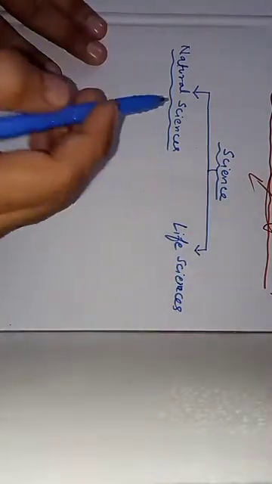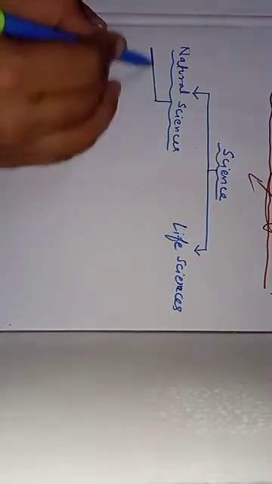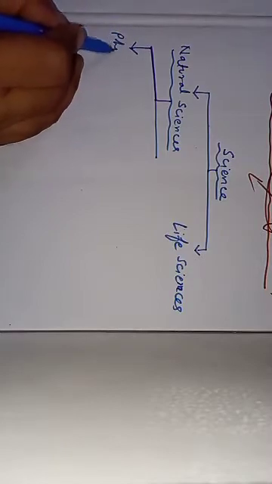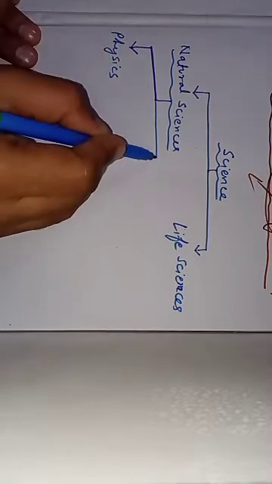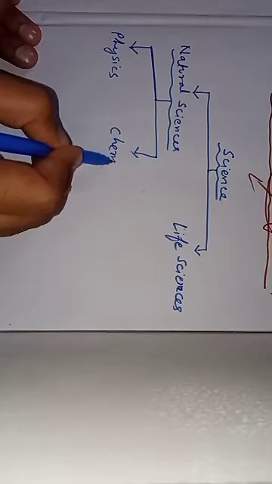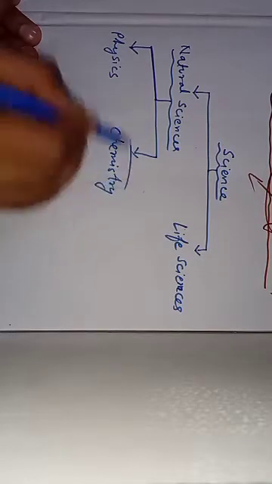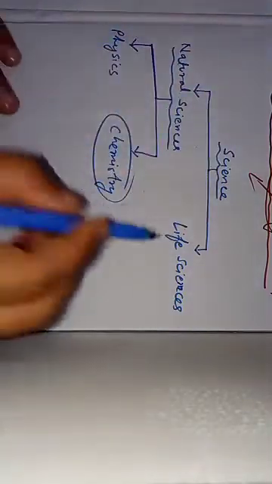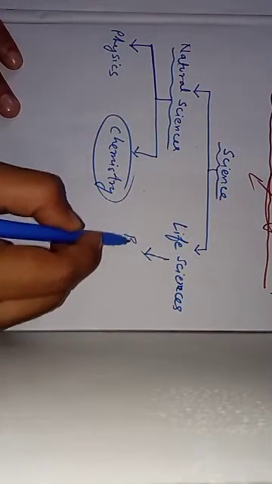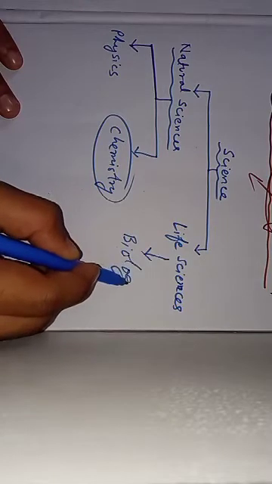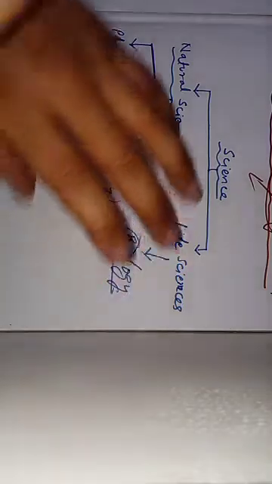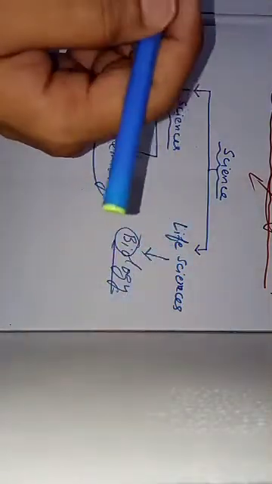The natural sciences are further classified mainly into physics and chemistry. So I will be teaching you this subject, but I will give you a brief idea about all of these subjects. Life science is nothing but biology, okay, because the word bio means life, and logy is coming from the Greek word logos, meaning science, systematic study.